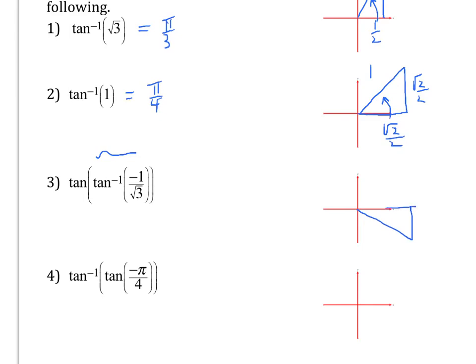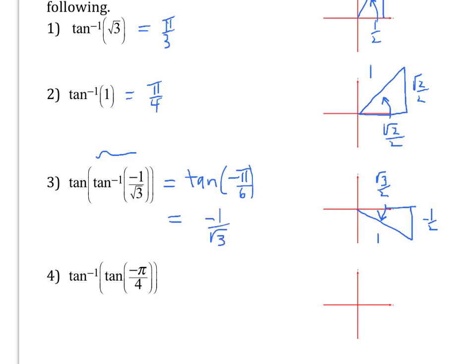It would be a negative angle, and this would be negative 1/2, and this would be radical 3 over 2. This would be 1. See, if you take the y over the x, you get negative 1 over radical 3. So what angle is that? That's negative pi over 6, so it's the tangent of negative pi over 6. What does that give you? Tangent of negative pi over 6, sure enough, is negative 1 over radical 3.